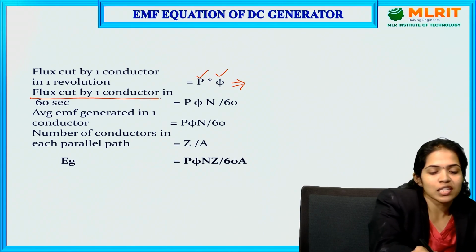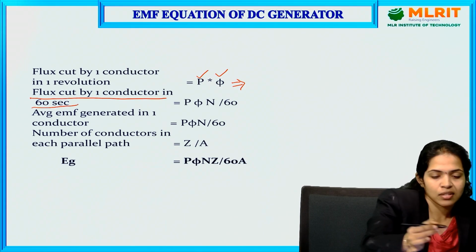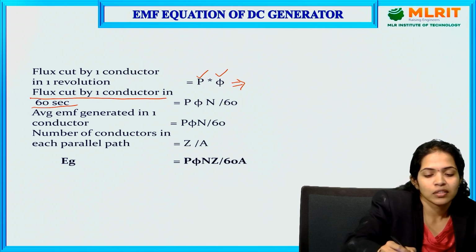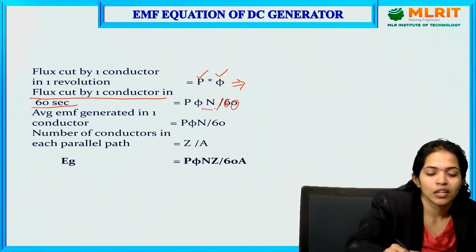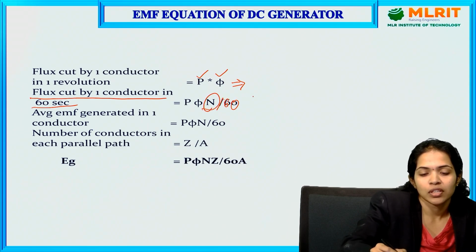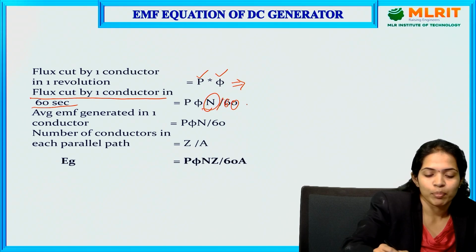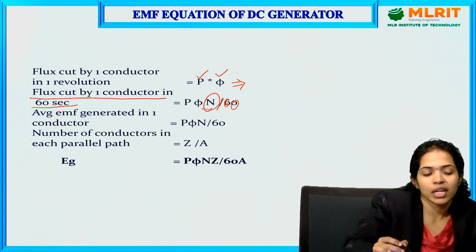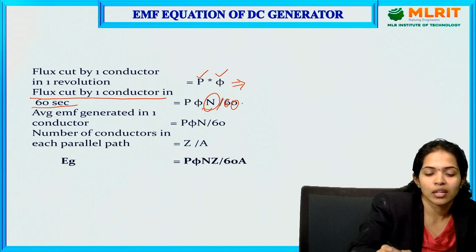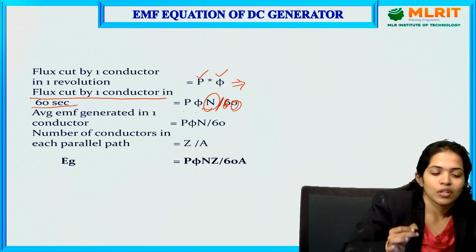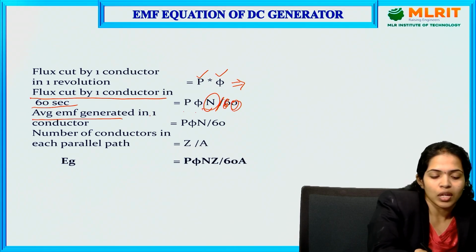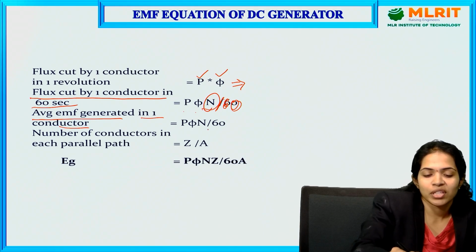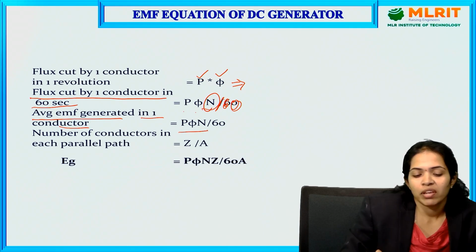If we calculate the flux cut by the conductor in 60 seconds, that is 1 minute, and consider N as the speed of the armature in RPM, the flux cut by the conductor in 60 seconds is P into phi into N divided by 60. So the average EMF in one conductor can be taken as P phi N by 60.